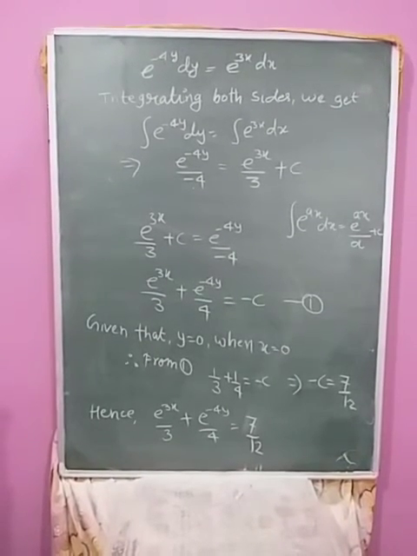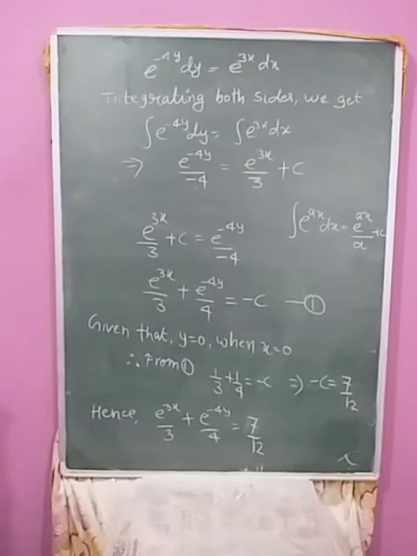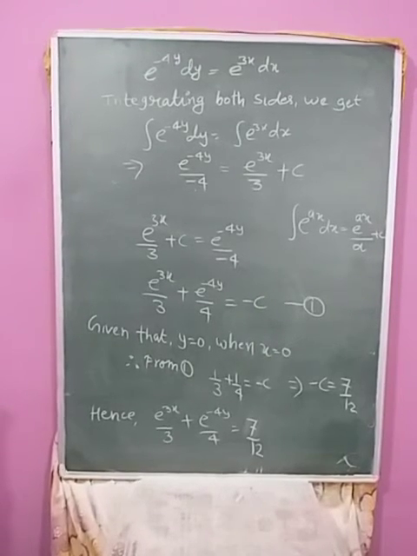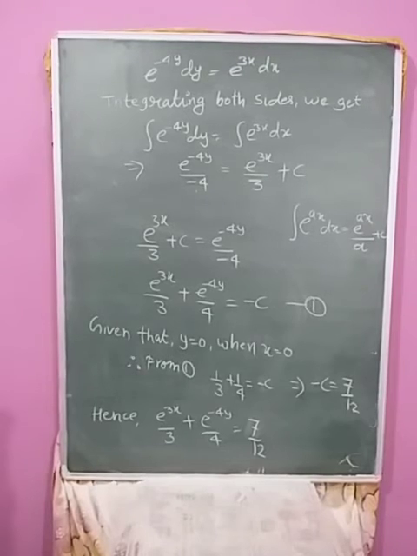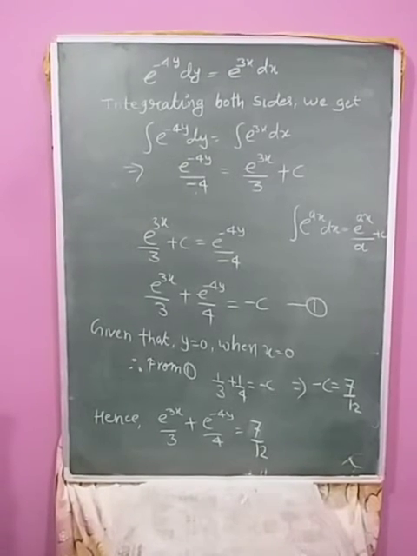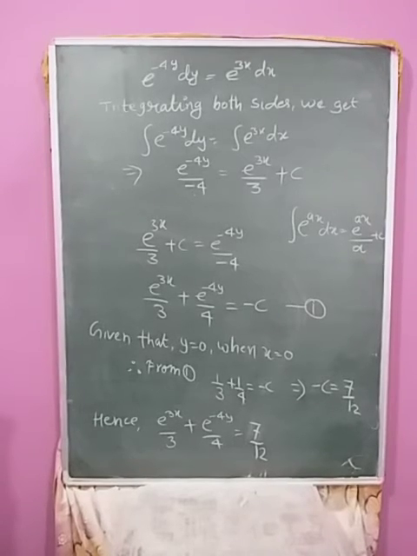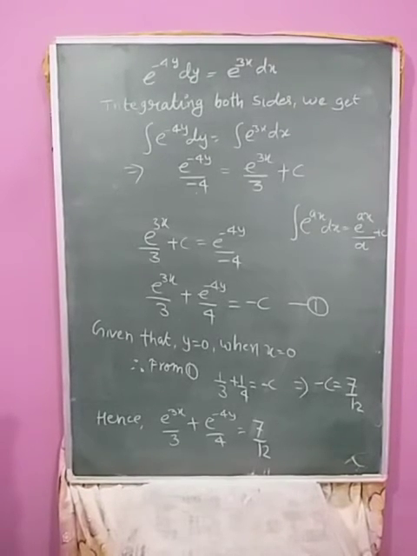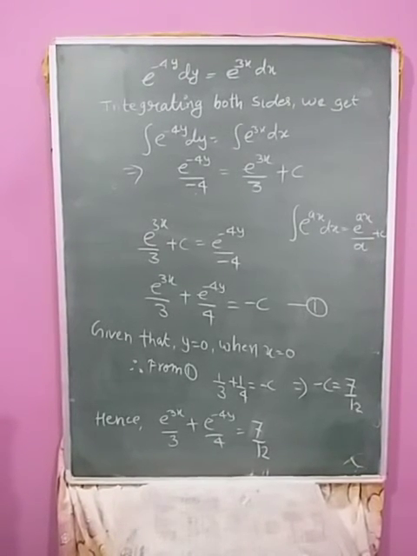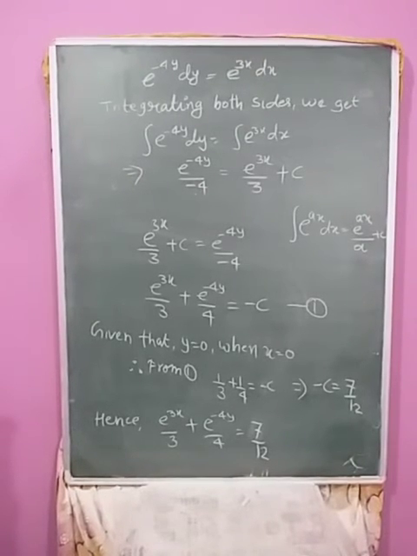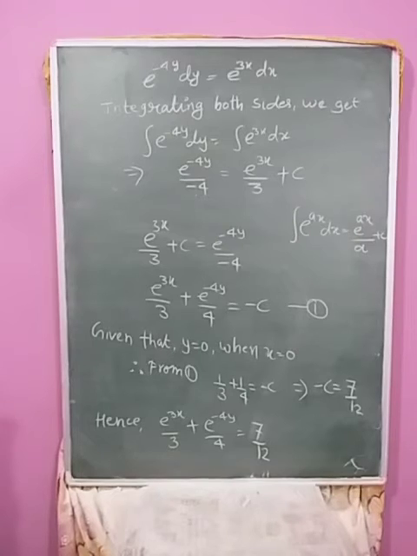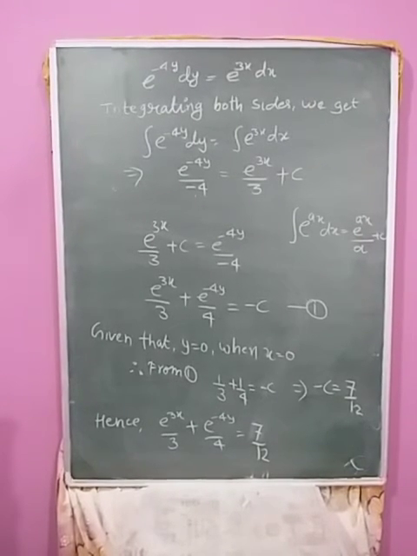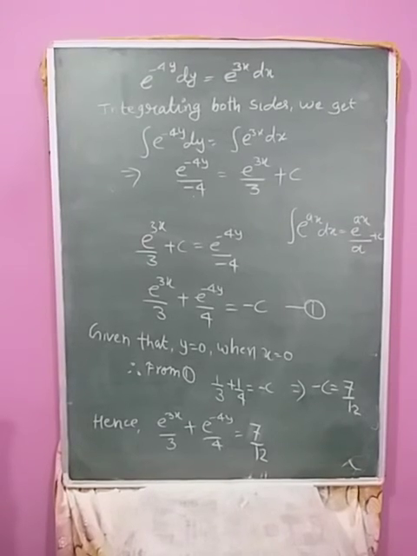Now, after simplification, e to power 3x by 3 plus e to power minus 4y by 4 equal to minus c, taking this as equation 1. Since y equal to 0 when x equal to 0, from 1 we compute the values of x and y. We have 1 by 3 plus 1 by 4 equal to minus c, since e to power 0 is 1.